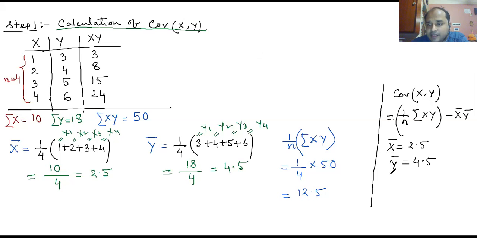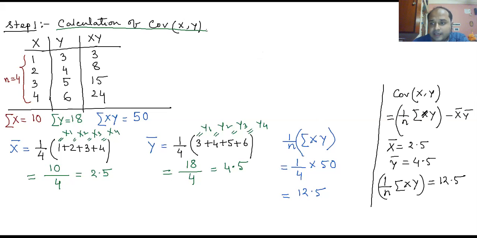So 1 by n summation xy, this part becomes your 12.5. So we have calculated everything that is needed to calculate the covariance of xy.